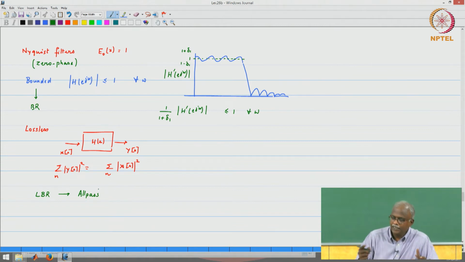However, there is another interesting class of transfer functions that we are interested in.